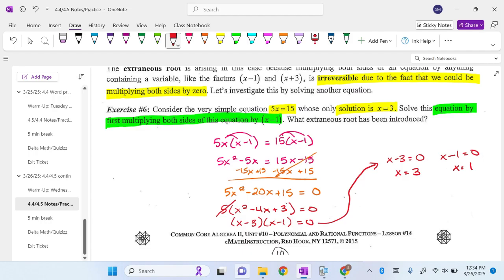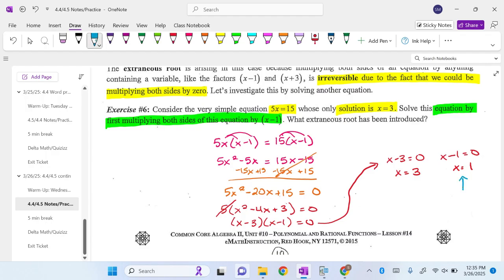But which one's extraneous now? What does 5x equals 15 have to equal? 3. So we're using the exact same equation, but we just multiplied the same thing to it, and we got an extra number. So which one of those two solutions is the extraneous one? x equals 1.